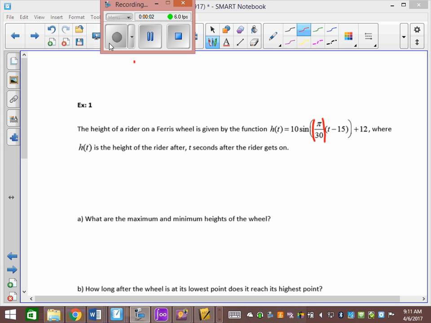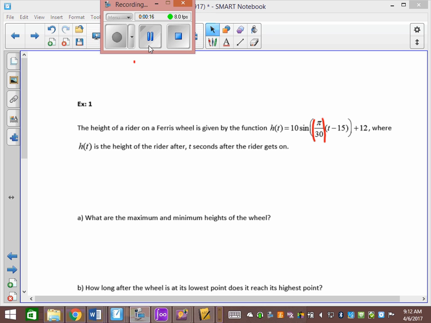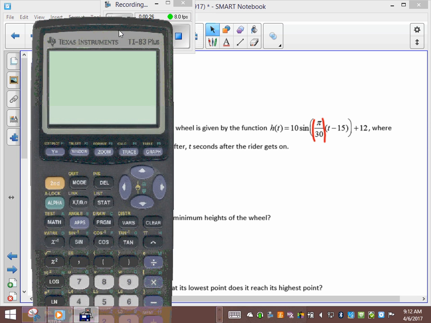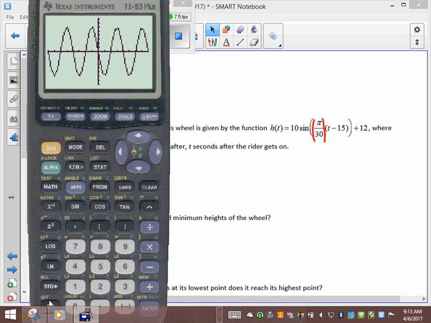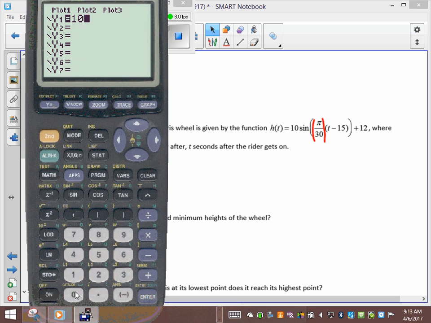So you have a fraction, it has to be in brackets. Type that into your calculator. Okay, so we get 10 sine bracket pi divided by 30.